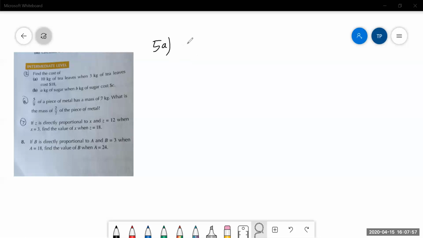5A. We want to find the cost of 10 kg of tea leaves when 3 kg of tea leaves cost $18. So how I will present is 3 kg of tea leaves cost $18.